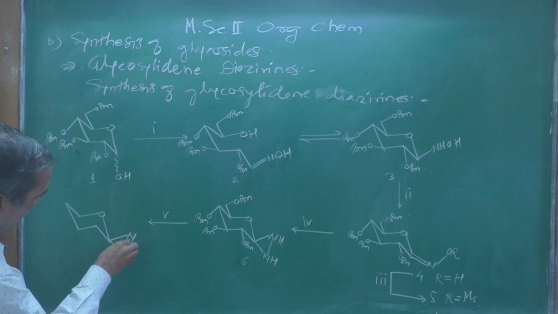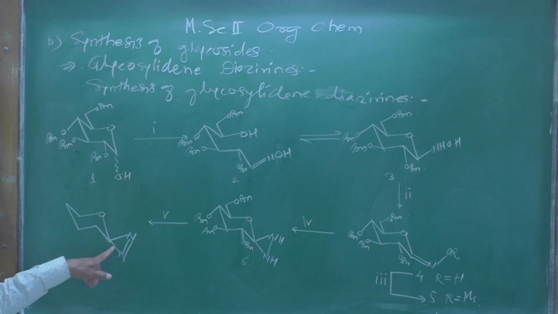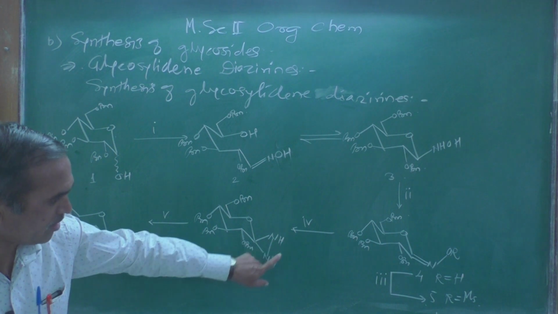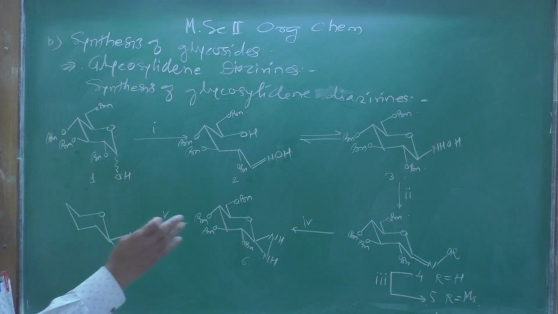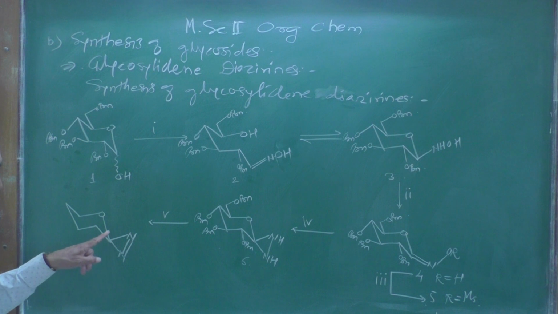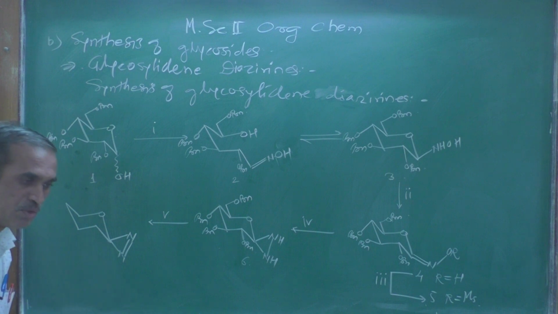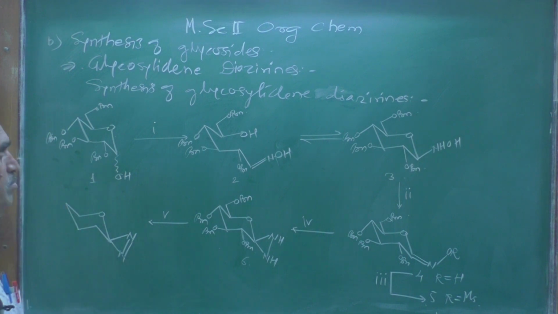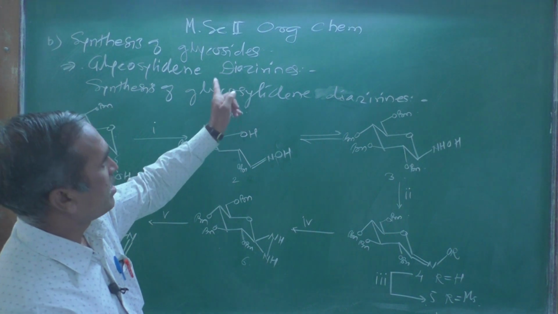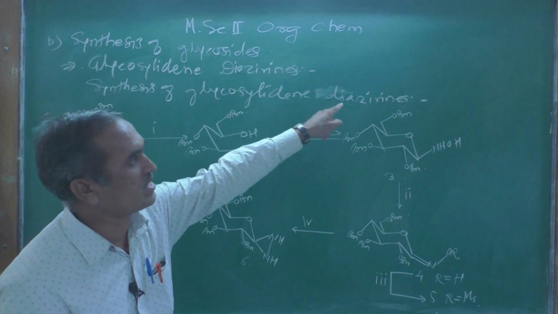Now observe carefully. Here at this NH there is a removal of the hydrogen atom, and instead of that hydrogen atom a double bond comes, meaning a 3-membered ring, and this type of compound is known as glycosylidene diazirine.